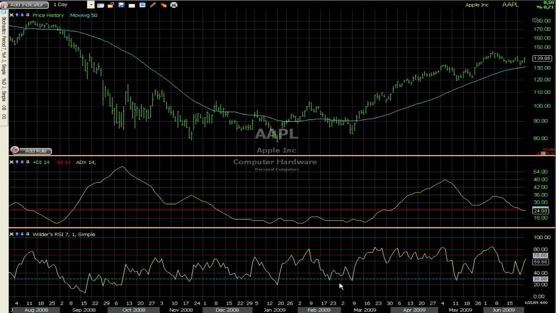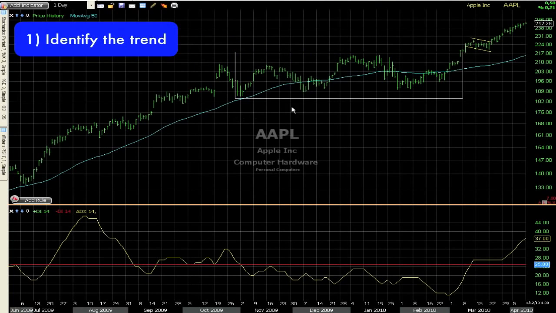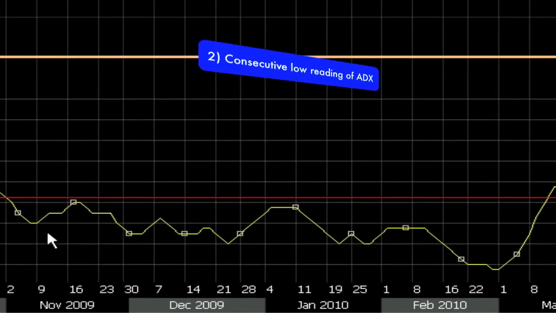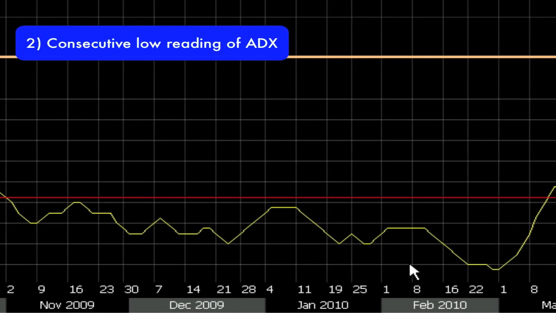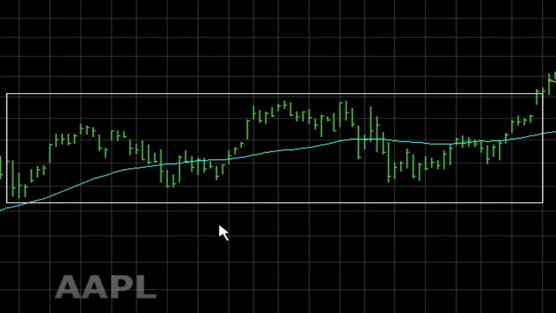But what other ways can we use ADX? Here are some other ideas. Here's one of my favorite uses of ADX. First, I identify the trend. I'm looking at my EMA and I see that it's upsloping, so the trend is up. I will only take trades from the long side. Second, I'm going to look for a consecutive low reading of ADX together with sideways price action.